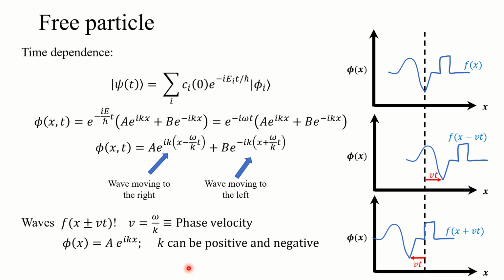It goes from negative infinity to infinity. That gives us the form of our energy eigenfunction we're going to use. It's a traveling wave to the left or the right, depending on the sign of k. If k is negative, we're moving to the left. If it's positive, we're moving to the right in the x direction.